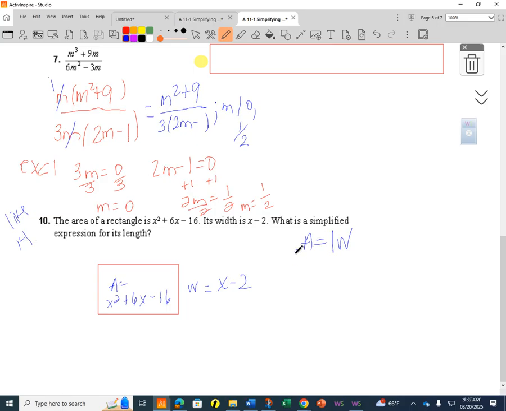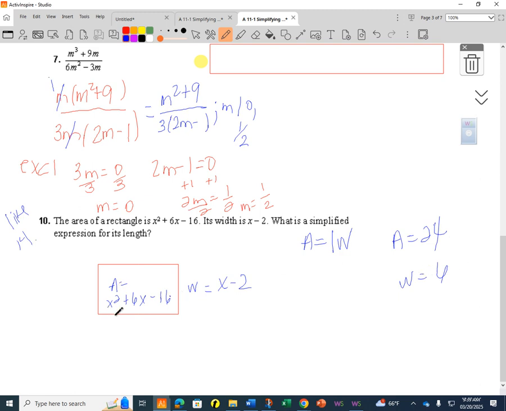If we know the area and we know the width, so let's say, for example purposes, and you don't have to write this down, let's say the area was 24 and the width is 6. What's the operation we would use to find the length? Yes, we take the area and divide by the width.